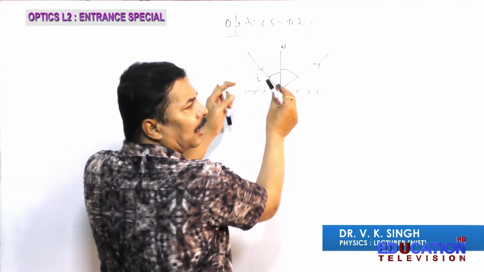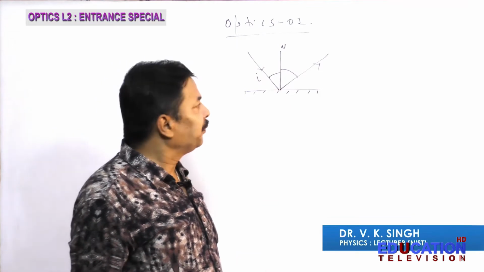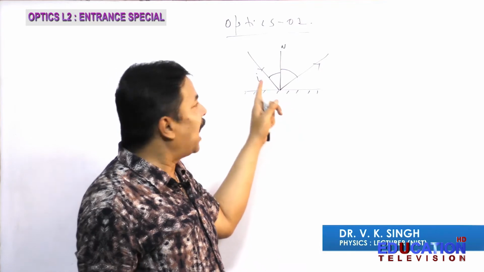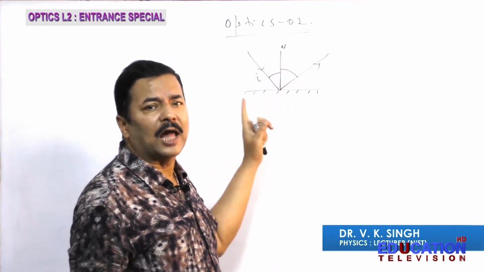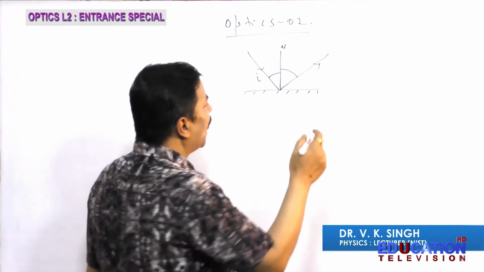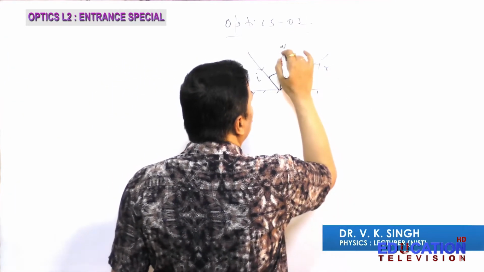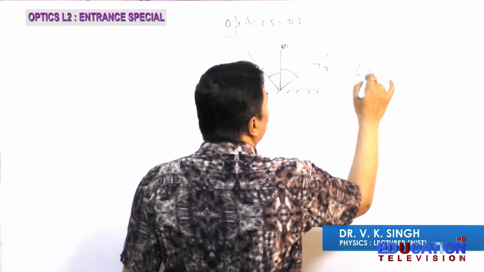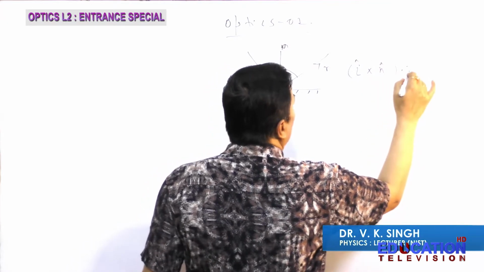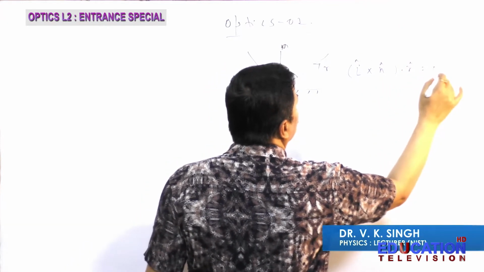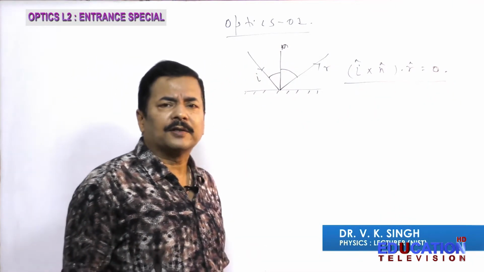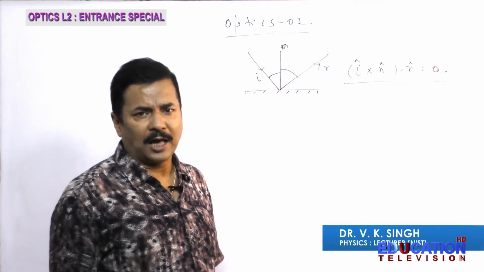Always keep in mind that the normal should be on the reflecting surface, and the incident ray, reflected ray and normal should lie in the same plane. Mathematically, in terms of vectors, if this is the incident ray, this is the normal, and this is the reflected ray, then I cross n vector dot R vector should be equal to 0. This is the meaning of the second law of reflection, that the incident ray, reflected ray and normal lie in the same plane.